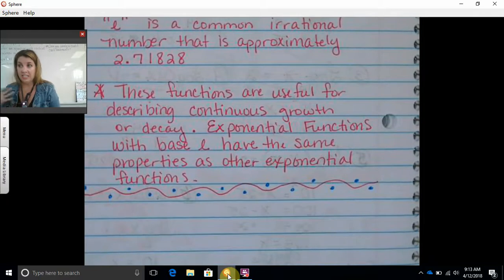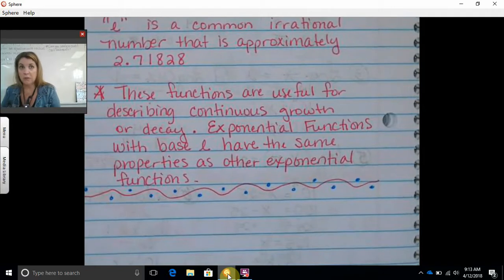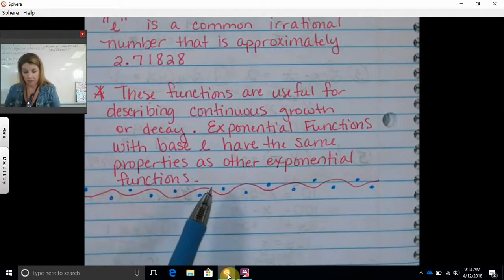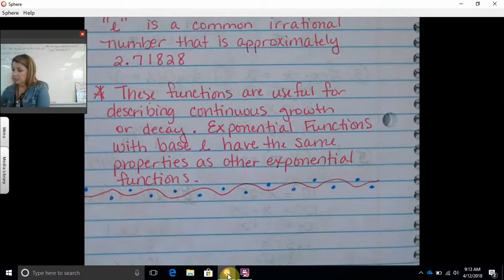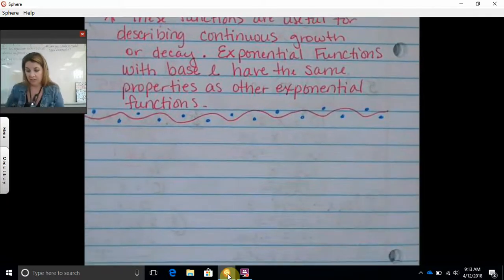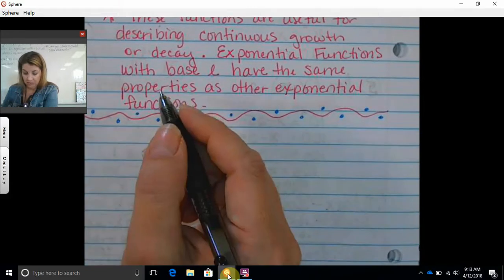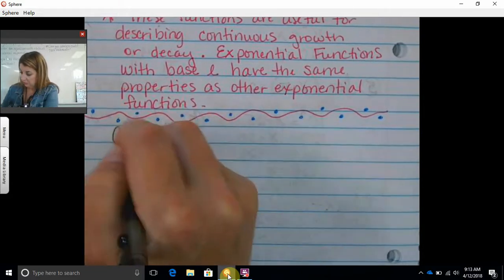Well, if something is continuously compounded, that means it's constantly being calculated. You're going to use a very similar formula, but it's different, okay? And this formula does have this natural base in it. So it's different because it's not compounded once a year, it's compounded continuously. So this is the formula for continuously compounded interest.